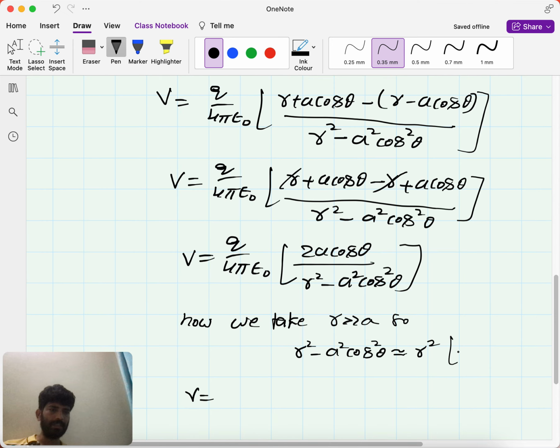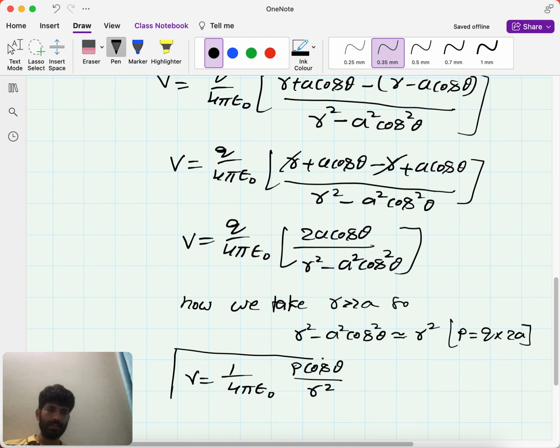One more concept we need to write here: p is equal to q into 2a in the numerator. So we can write 1 by 4 pi epsilon naught into p cos theta by r squared. This is our final expression, and how the potential is related with the distance due to a dipole means it is inversely proportional to the square of the distance.